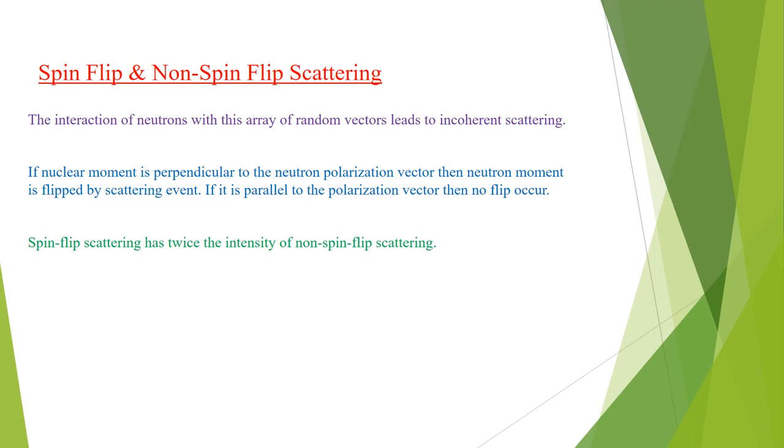If the nuclear moment is perpendicular to the neutron polarization vector, then the neutron moment is flipped by the scattering event. If it is parallel to the polarization vector, then no flip will occur. So spin flip scattering has twice the intensity of non-flip scattering.